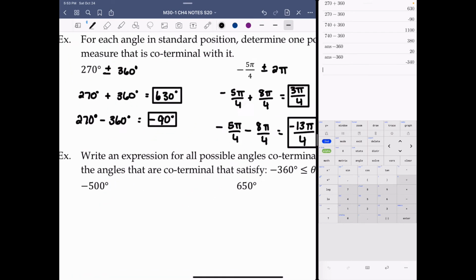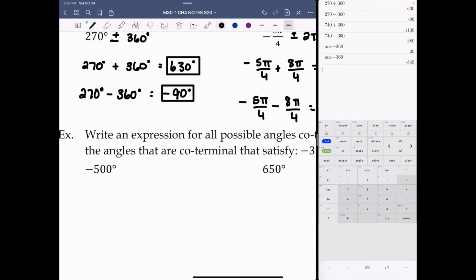For the general form, we want to write plus, minus 360 degrees times n, where n is an element of the natural numbers.